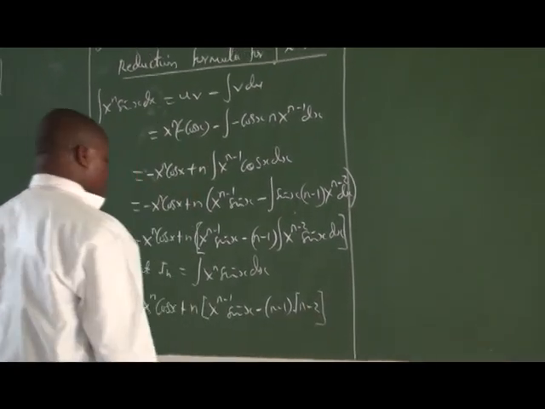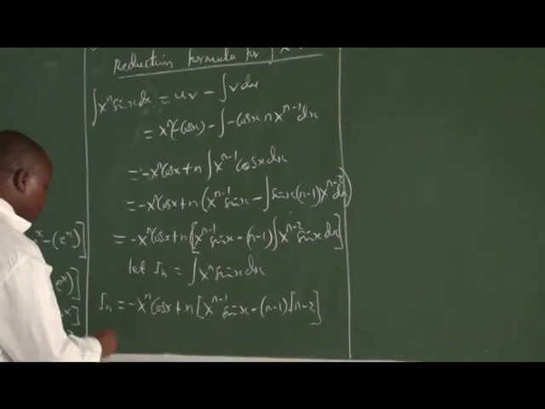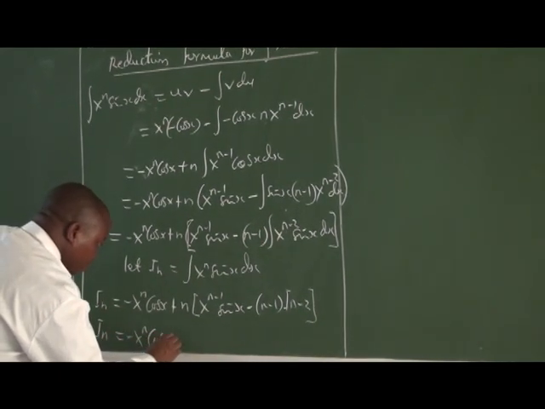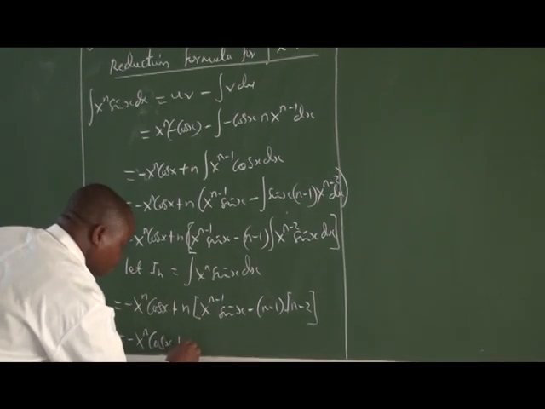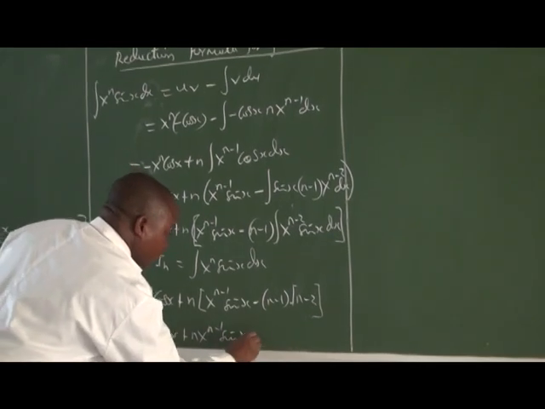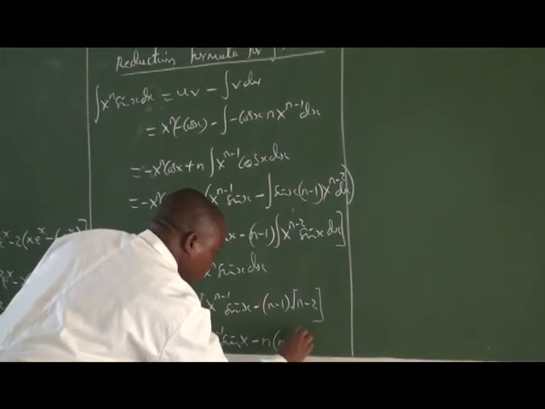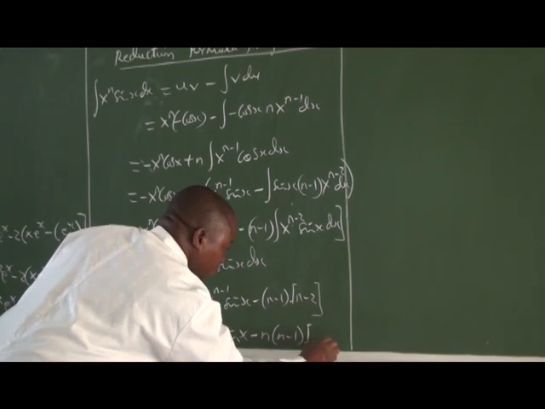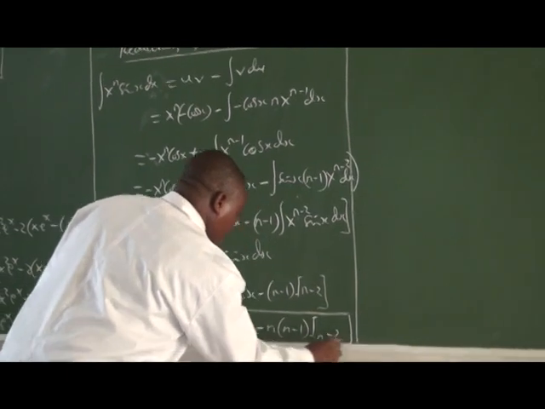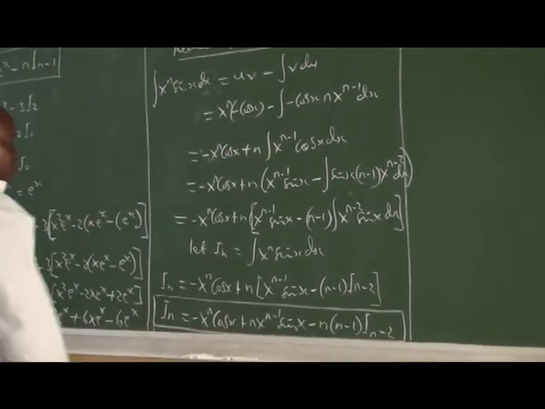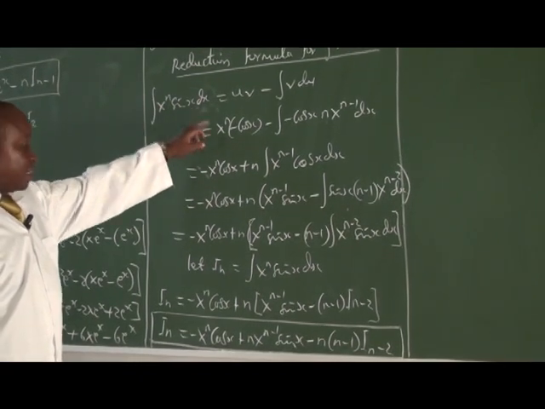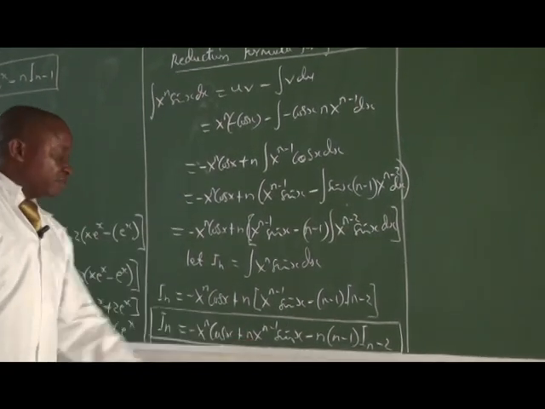So if we multiply these two, we'll have that I n equals minus x^n cos x plus n x^(n-1) sine x minus n(n-1) I_(n-2). So this one is the reduction formula for the integral of x^n sine x dx. This is the reduction formula.